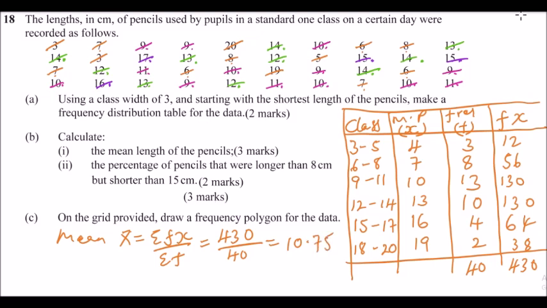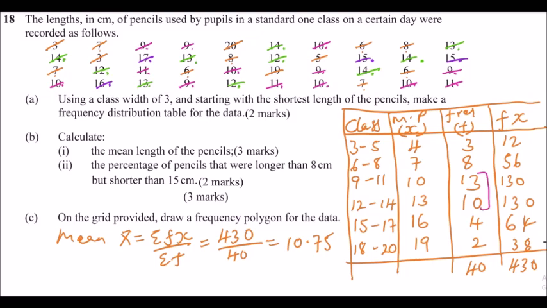The second part of part B, the percentage of pencils that were longer than 8 centimeter but shorter than 15 centimeter. So if you look at the number of pencils that were longer than 8, they are from 9 to 11 and 12 to 14. So that is the range.